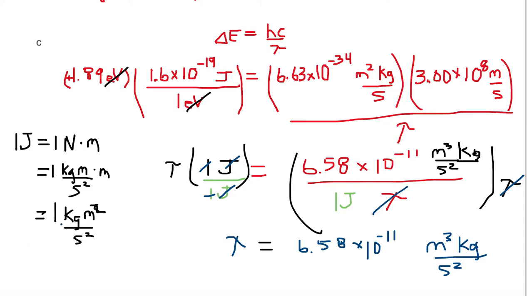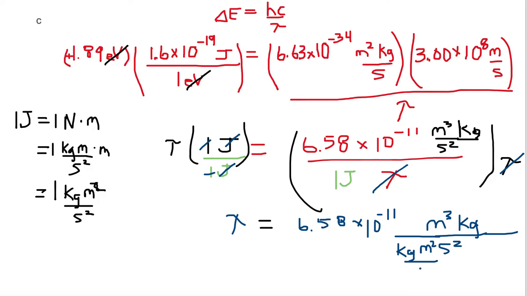And so 1 joule is 1 kilogram meter squared per second squared. So we want to put this in here as well. A joule's on the bottom, so we have a kilogram on the bottom, and then a meter squared next to it, and then we're going to divide that by a second squared.